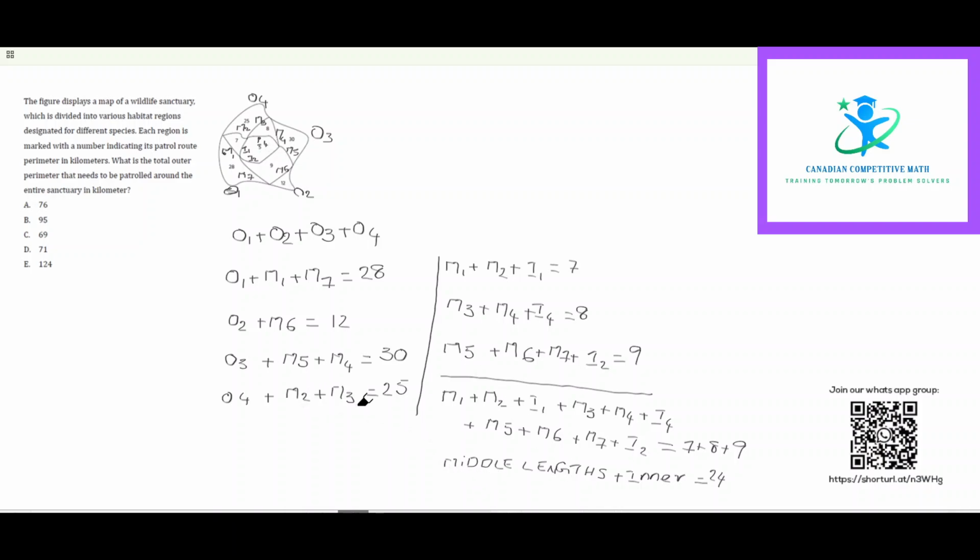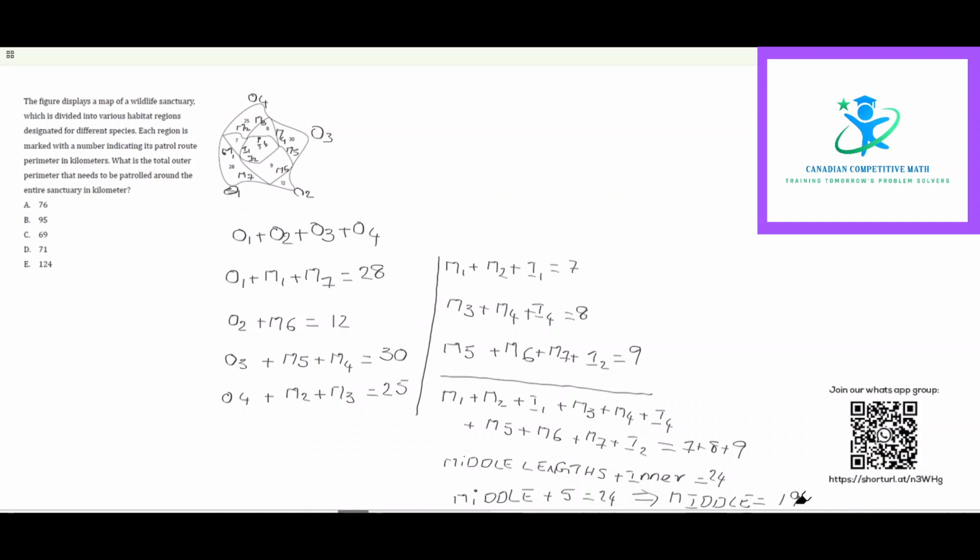So the sum of all the middle segments plus 5 equals 24, meaning the middle segments sum to 19.